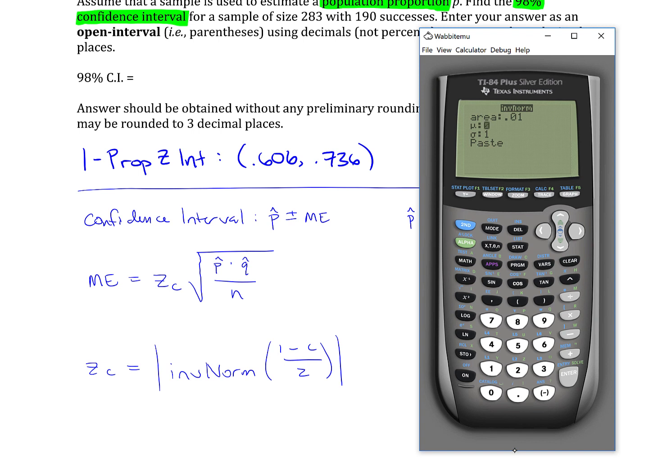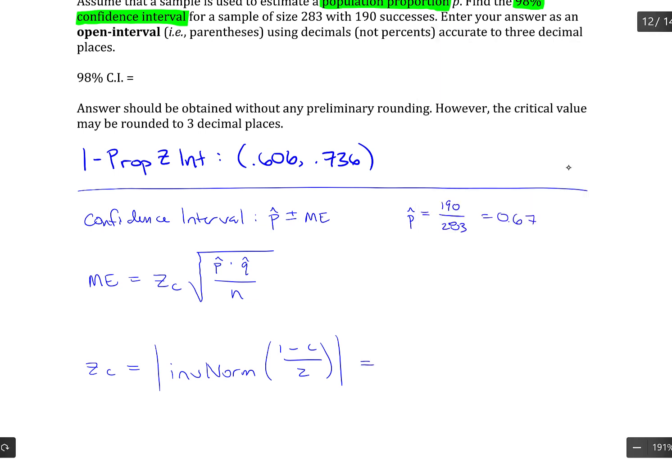That's the area to the left of the score I'm interested in. Mean and standard deviation, just leave as 0 and 1 for a standard normal distribution. And if you didn't see this menu pop up, just type in 0.01 and that's fine. So inverse norm of 0.01, we should all get at this point negative, well, positive, we'll change it because it's absolute value, 2.33.